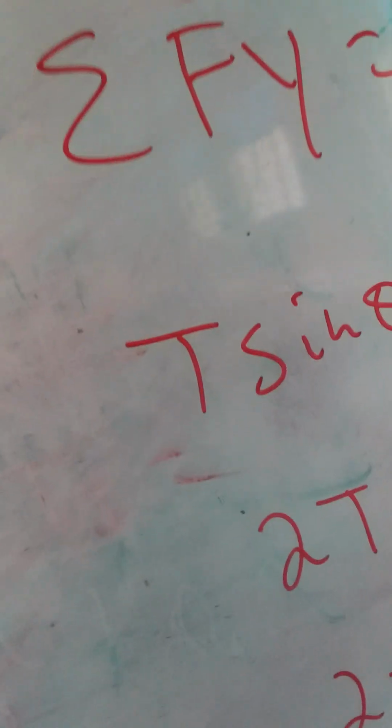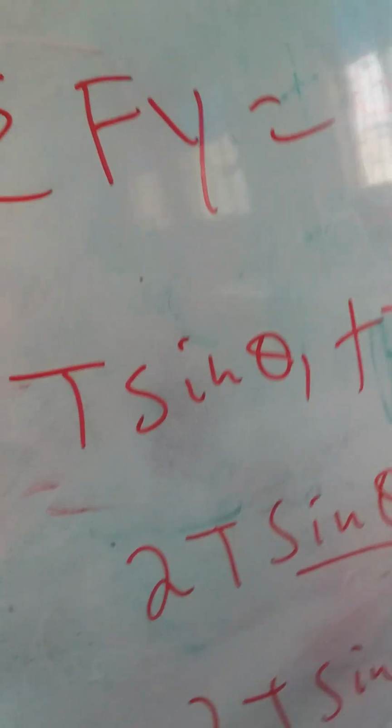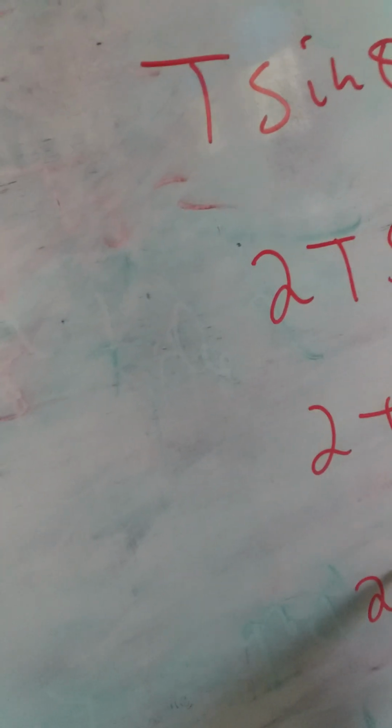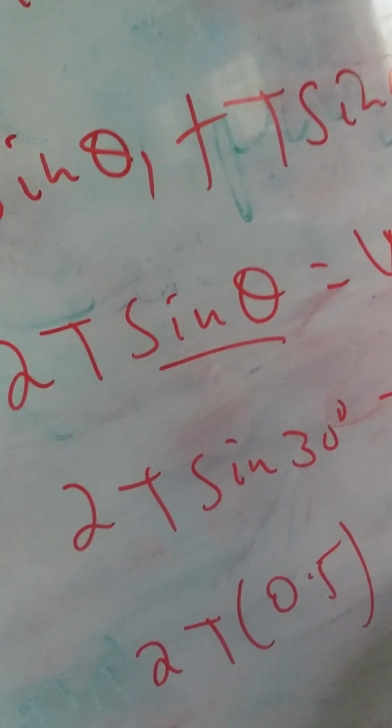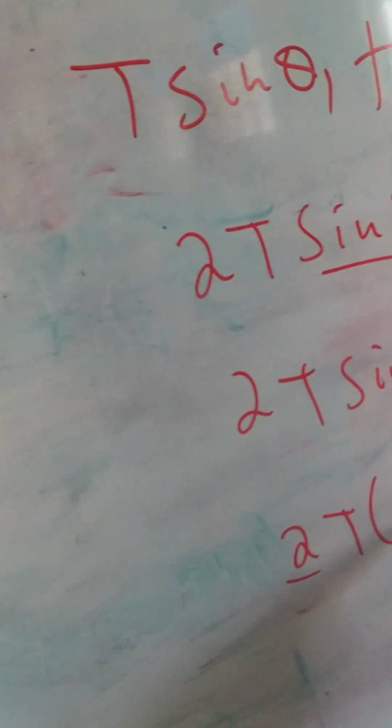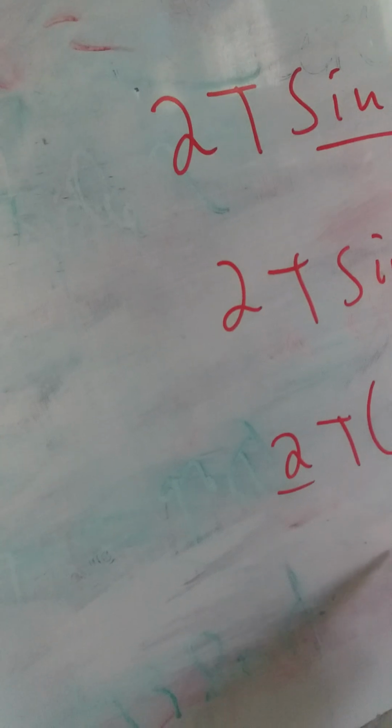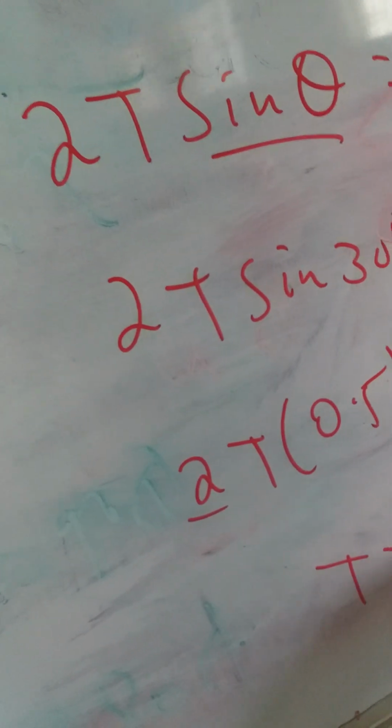Sine 30 is 0.5, so 2T times 0.5 is equal to 250 Newton. Multiplying 2 by 0.5 gives 1, so T is equal to 250 Newton.